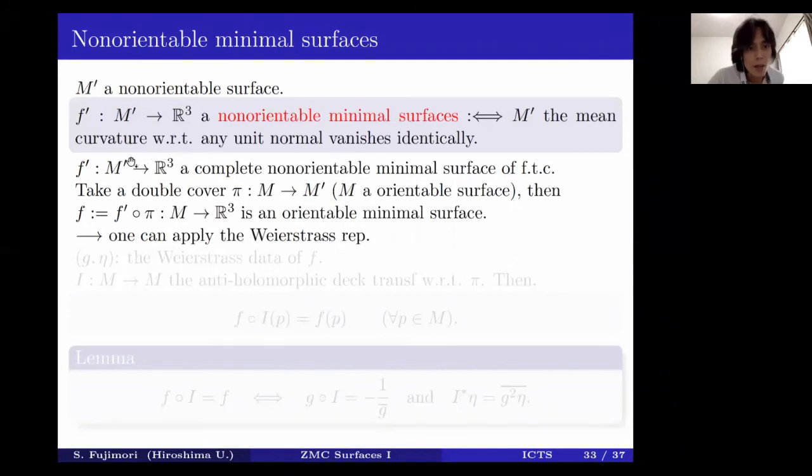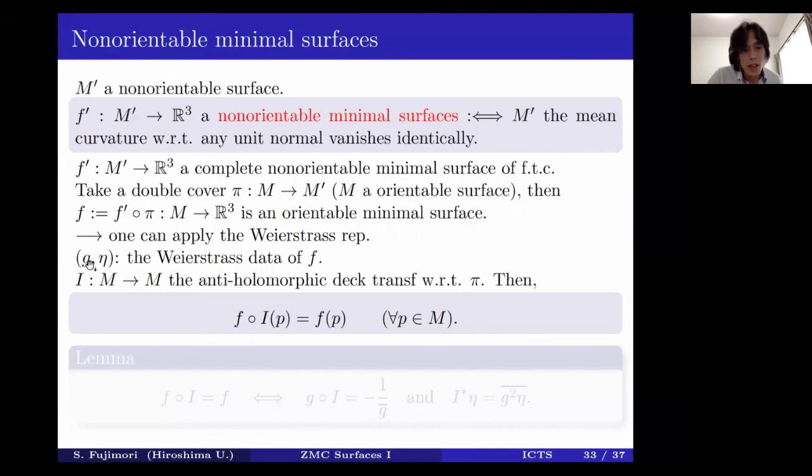And let F prime be a complete non-orientable minimal surface of finite total curvature. Then we can take a double cover pi, where M is an orientable surface. Then the composition of F prime and pi, which we set as F, is an orientable minimal surface. So one can apply the Weierstrass representation.